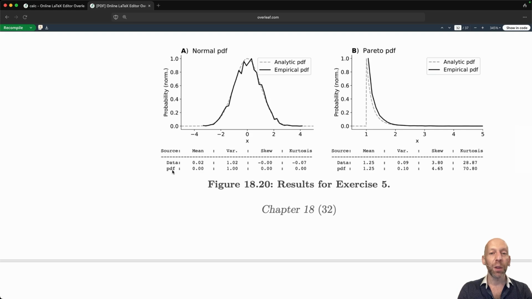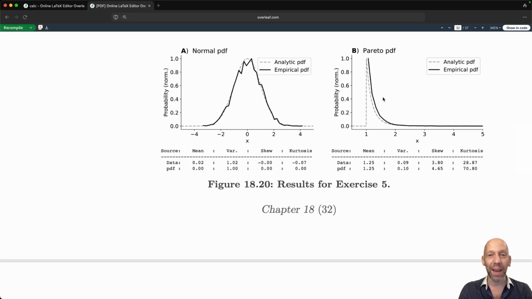Now, your resulting numbers for the second row should match my results exactly. The results for the top row should be pretty similar, but again, because we are generating random numbers, they won't be exactly identical. Okay, I'm going to switch to code now and show you the code for panel A for the normal distribution. Don't worry yet about panel B.